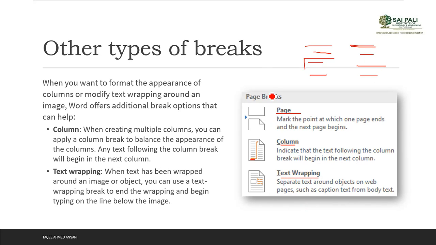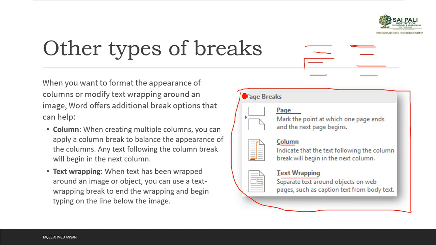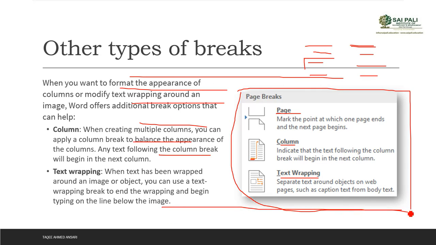If you have an image and the text is wrapped around the image, like this is the image, and the text goes like this and then wraps around here. You can select this to separate the text around the object, so it will not wrap around the image, it will just start from the new line.